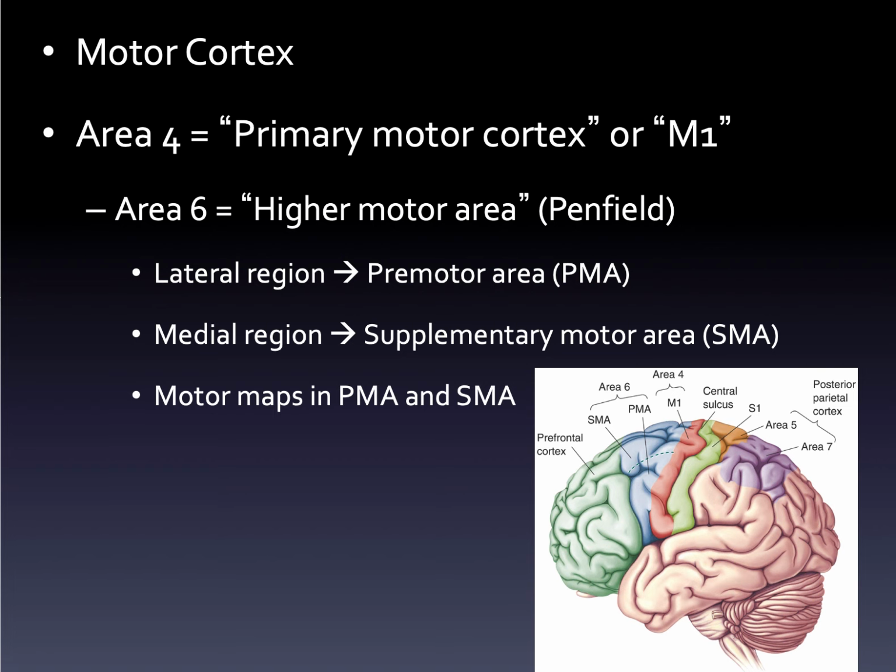So even though it's not a confined primary motor cortex in the same way that we have a tightly confined primary somatosensory cortex, it does still play that basic role as the main output, if you will, of the motor cortex to the motor neurons of the spinal cord and brainstem.